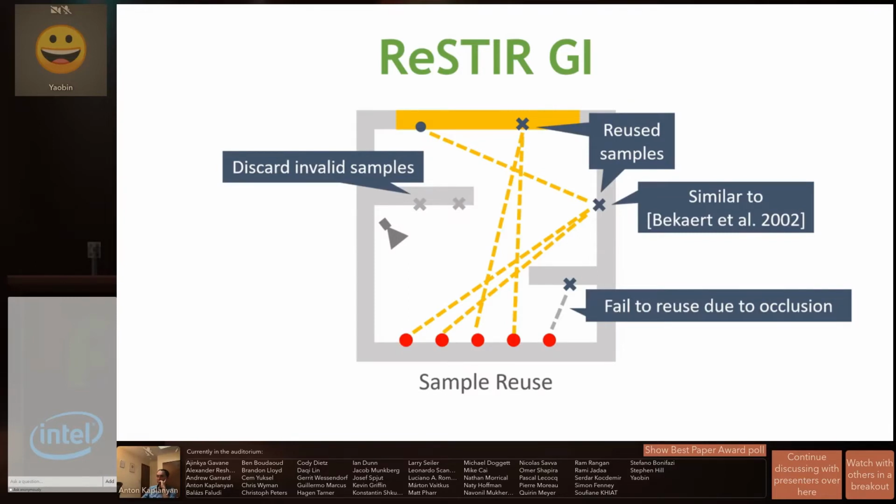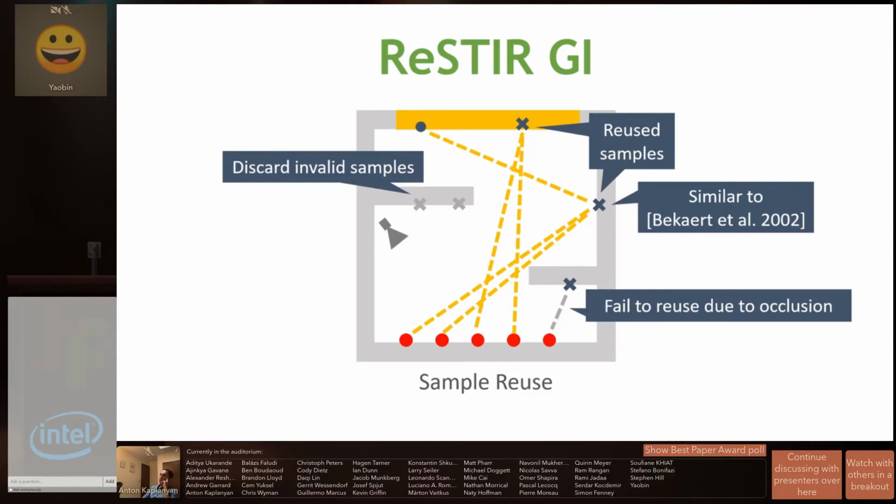The second step is path reuse. In this step, we try to connect visible points to the second vertex of other pixels' paths. In this figure, the second visible point connects to the path generated by the first point. It connects to the second vertex of the path, and all the vertices remain untouched.